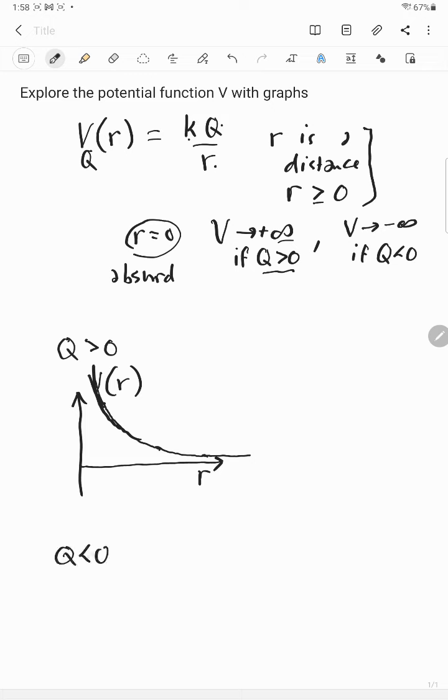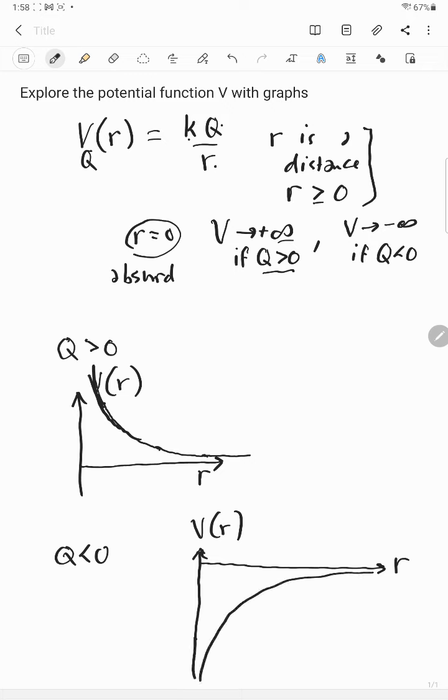But if you're talking about the potential surrounding a negative charge, then it's the same story with R. You only need positive values of R, but the potential actually is negative everywhere. So the potential function instead looks like this.